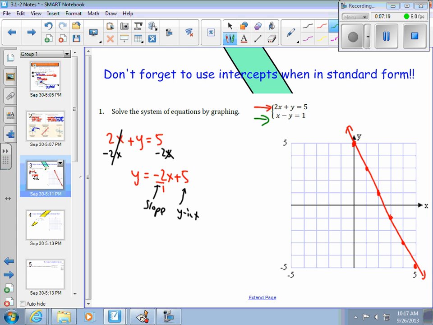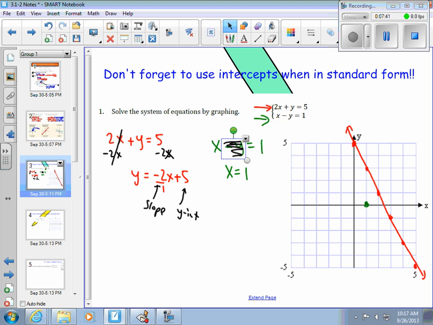Now our second line, let's use our other way we talked about graphing, and that would be to find the intercepts. If we want to find the intercepts, remember we said use that cover-up method. If we cover up the y, what we get is x equals 1. So that would be the x-intercept at 1.